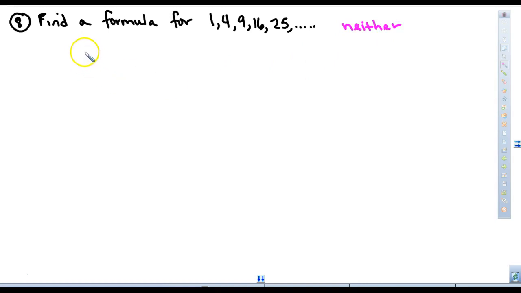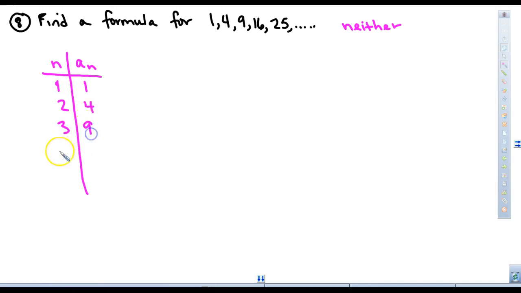That means you have to think a little bit harder. You have to think about what's going on. Sometimes if you make a table, n and a sub n, then you can figure it out. The first term is 1, the second term is 4, the third term is 9, the fourth term is 16, the fifth term is 25, and so on.